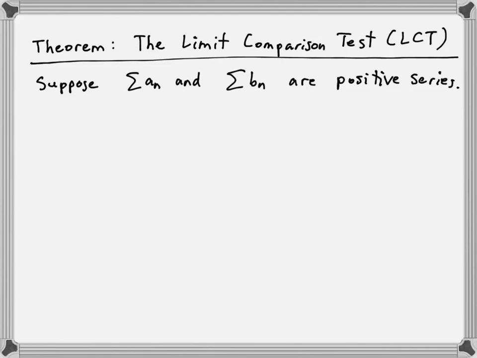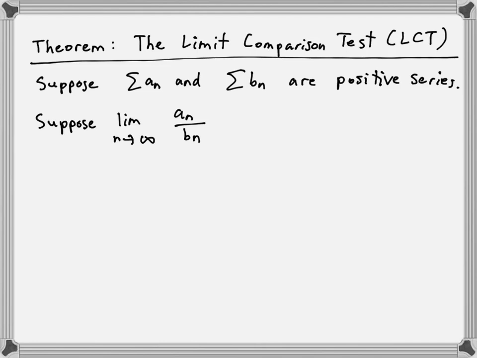So, suppose that the limit as n goes to infinity of, here's what you're going to look at. You're going to divide the terms of one series by the terms of the other series. And we want to see what this equals.